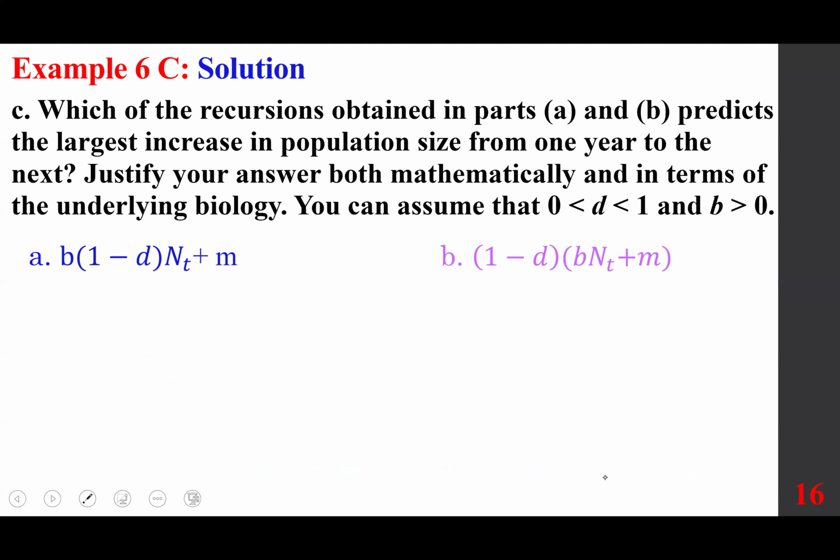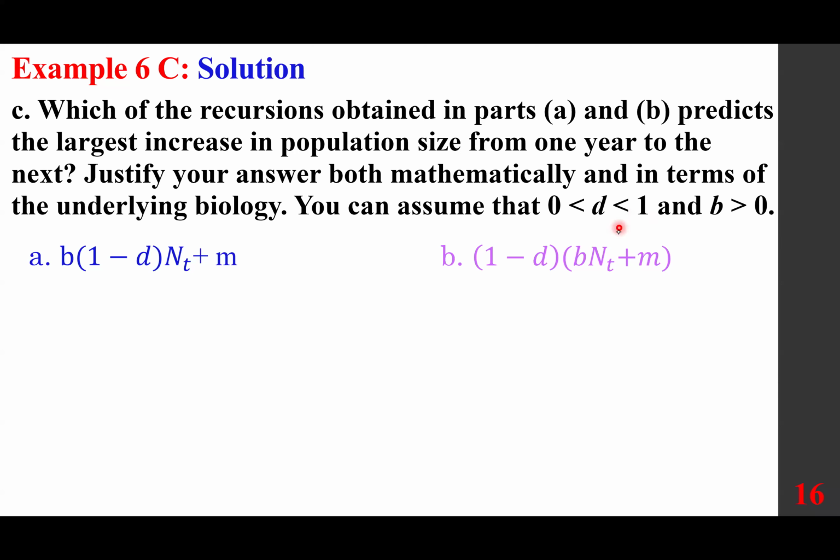All right. Now, which of the recursions obtained in parts A and B predicts the largest increase in population size from 1 year to the next? Justify your answer both mathematically and in terms of the underlying biology. And of course, D is a percentage, a fraction, a portion between 0 and 1, okay?